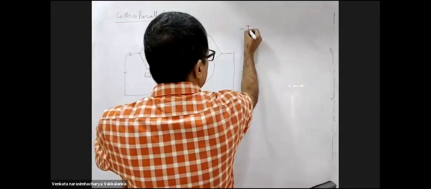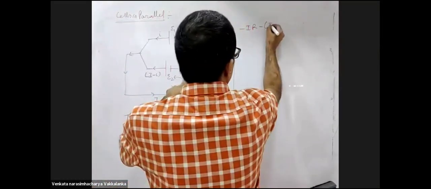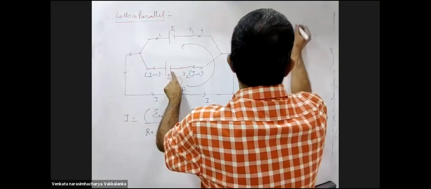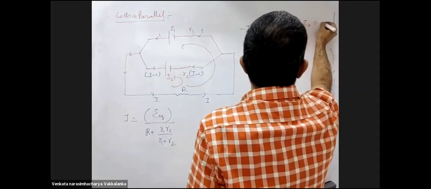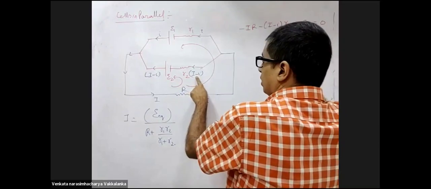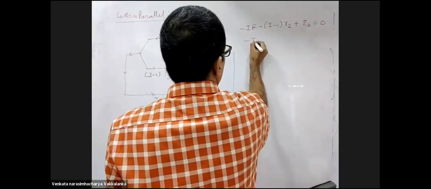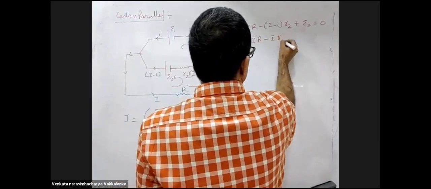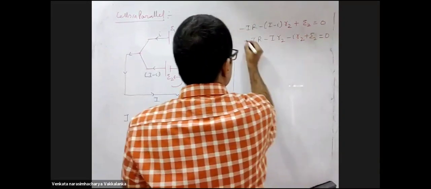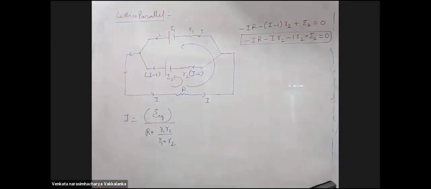In the direction of current, minus IR, minus (I minus i) into R2, negative terminal first, plus E2 is equal to 0. Minus IR minus IR2 plus iR2 plus E2 is equal to 0. This is my first equation. So far, so good. Yes or no?